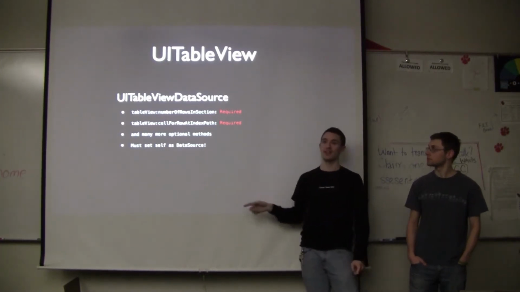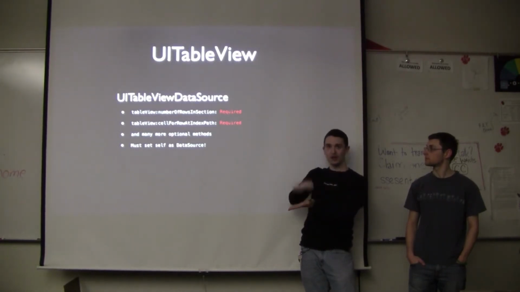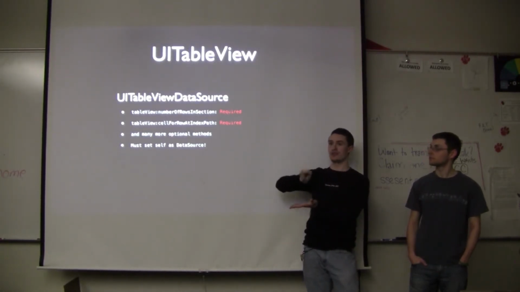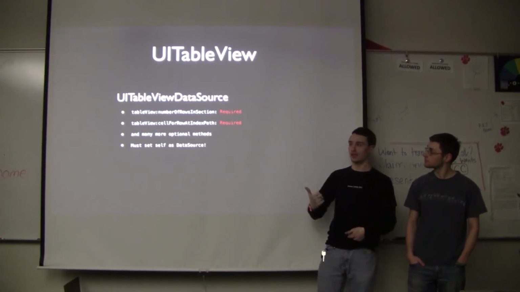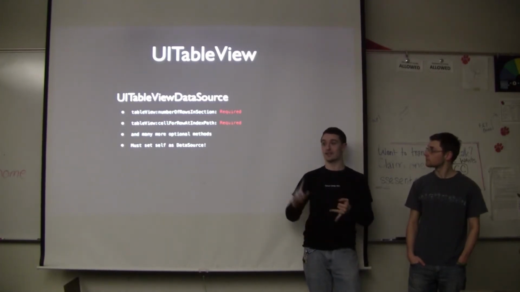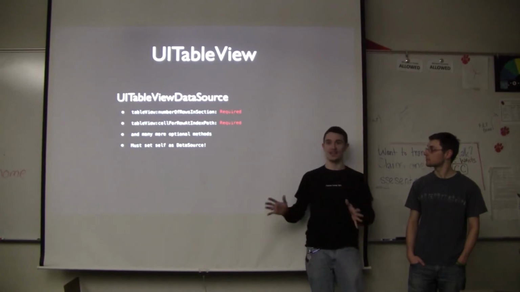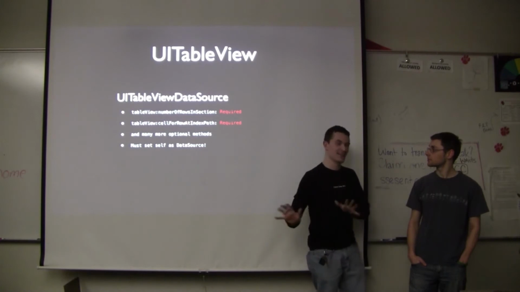UITableView uses that to its advantage so that you can have sections of rows and individual rows within the section. So there are nice UIKit methods for creating an index path for a section and for an index in the section. And it's actually not complicated, but approaching it from new eyes, it can be a little strange.